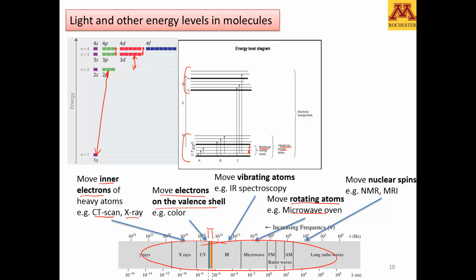Okay, but there's yet another level, and probably you're also familiar with that one. Through radio waves, what we can do is move among nuclear spin levels. So probably you learned in your organic chemistry that the nuclear magnetic resonance technique moves your sample, or in this case the atom, from one level of nuclear spin into another level of nuclear spin.